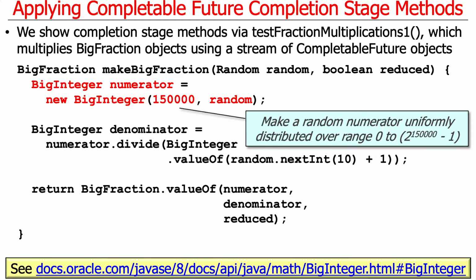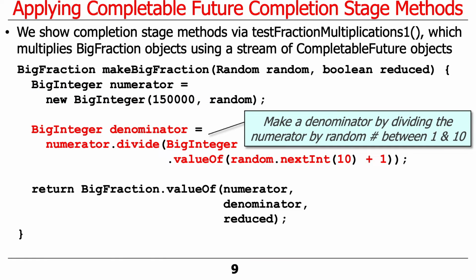We then make a humongous numerator, randomly distributed over the range 0 to 2 to the 150th power minus 1. That's a pretty big number. We then create a denominator, a random number between 1 and 10, so it's a lot smaller.